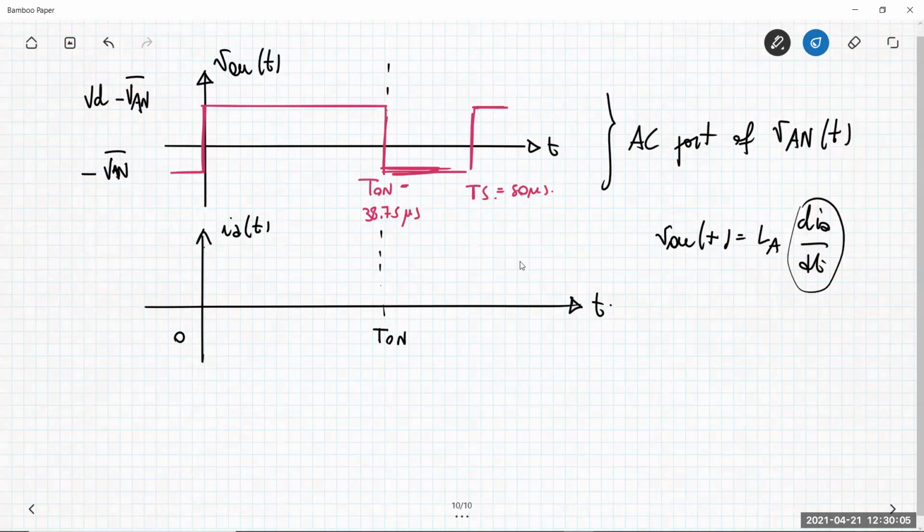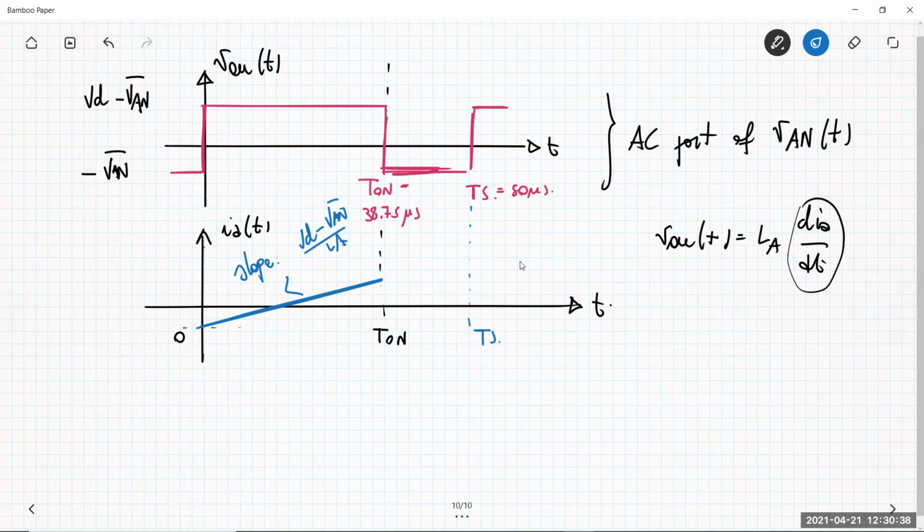Supposing that it is something like this, the slope here is VD minus VAN average value over LA, positive. Then during the second part of the period TS, now the voltage is negative VAN average value. So IA of t experiences a negative slope.